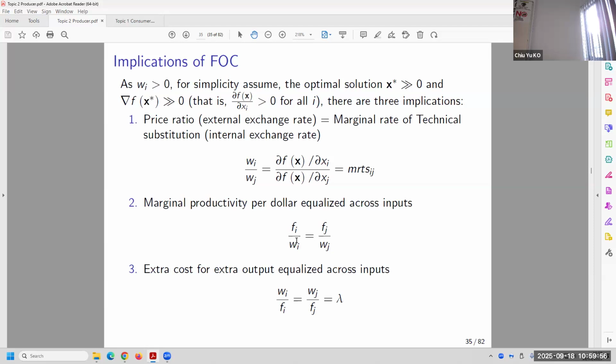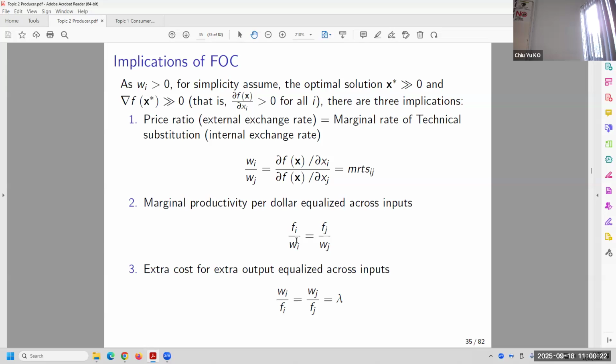Here it is: okay, if I want to produce 1 more unit of output, I can do it through increasing input I or input J, right? If I want to produce 1 more unit of output, how many units of I do I need, right? It's 1 over this guy, and this is the cost of doing so.